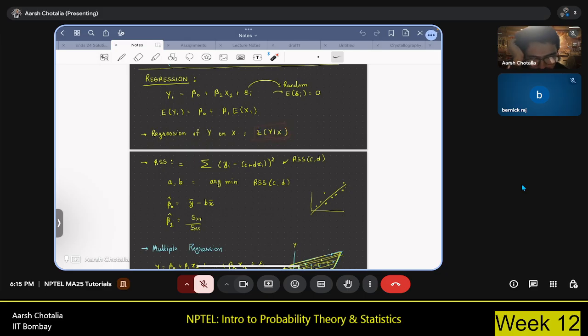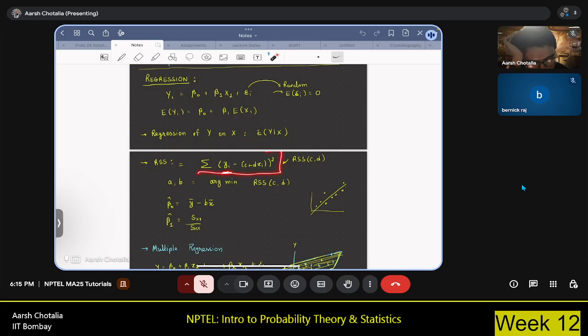And so the RSS is a quantity, it's not what you think. It's given by the sum over yi minus (c plus d xi), where c plus d xi are our predicted values if the coefficients were c and d. Ignore the epsilon i. So this is like an error between what we are estimating and the actual data point.